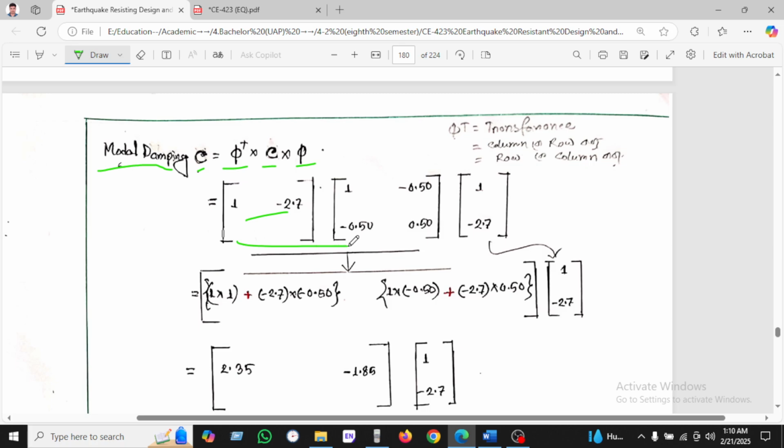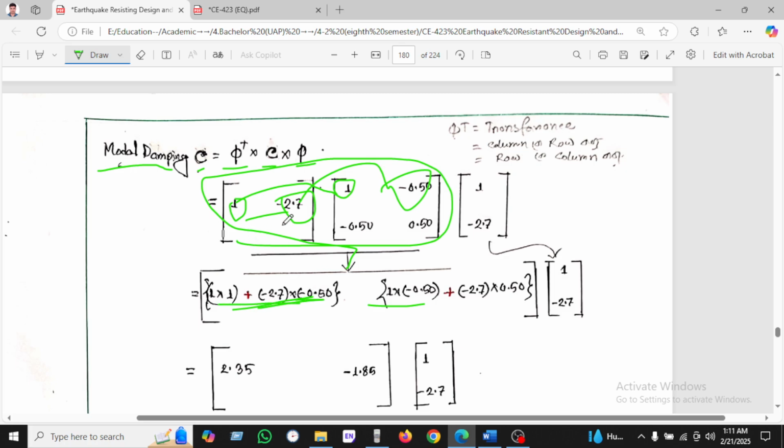Now we can see modal damping: phi transpose C into phi, and we have used it as usual here. Now the stiffness matrix emerges here, and we found this below. At first we take this into this, and this into this, and found this below. Now we calculate the second one, this into this into this, and 2 minus 2.7 into 5, and found this.